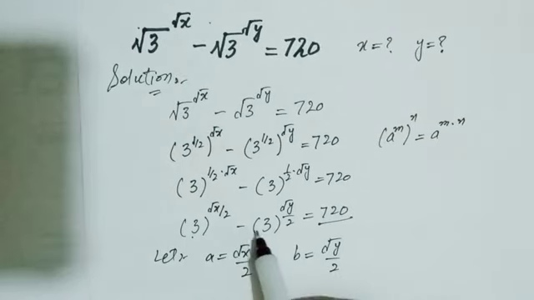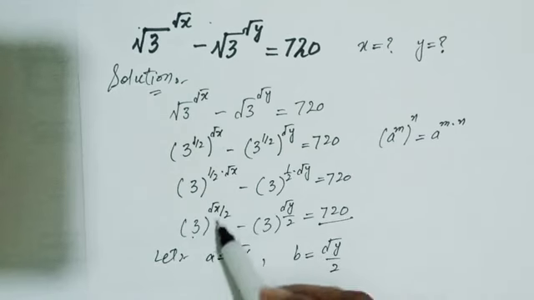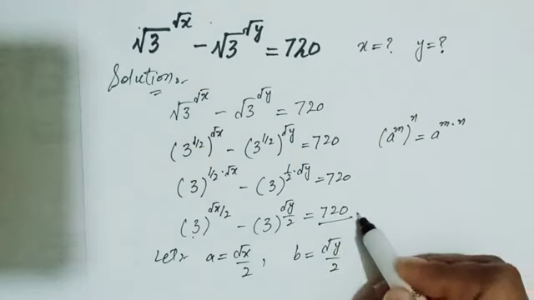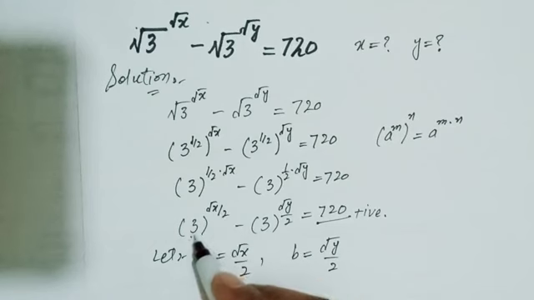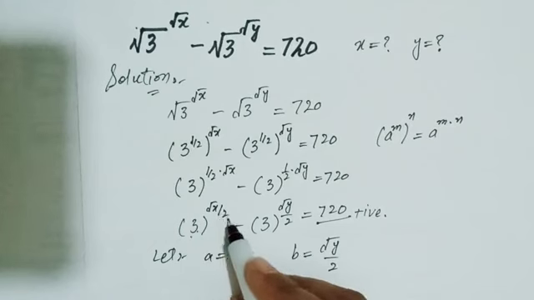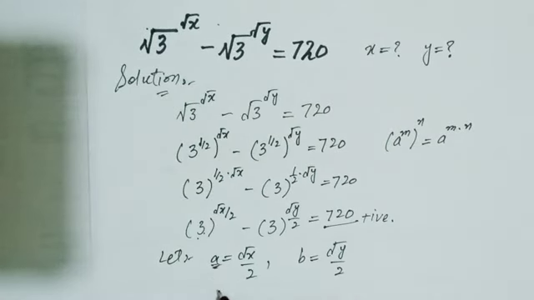So these two bases are the same. So where is the change? The change must be in the powers. So as the answer is positive, this implies that a, the power of this number, that is square root x by 2, which we let be a, must be greater than b.